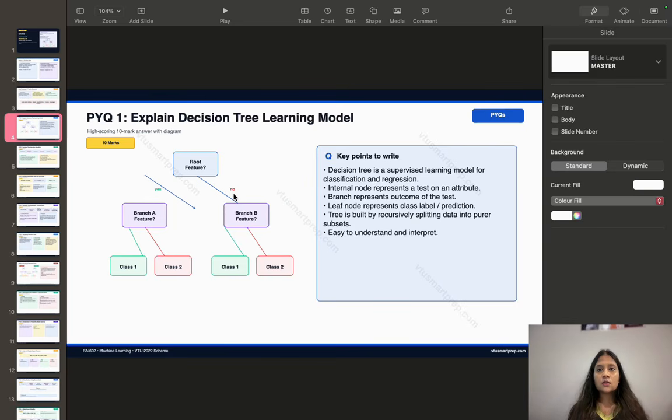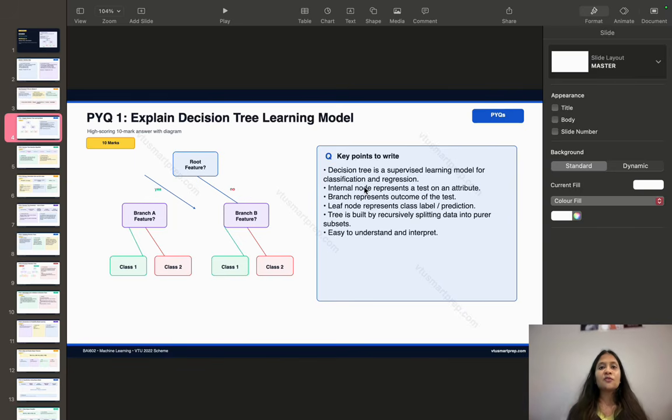Next, this was about the first question: explain the decision tree learning model. So explain what a decision tree is. In a decision tree you have the root node, followed by the branches. Once you have the branches, you have the leaf nodes.